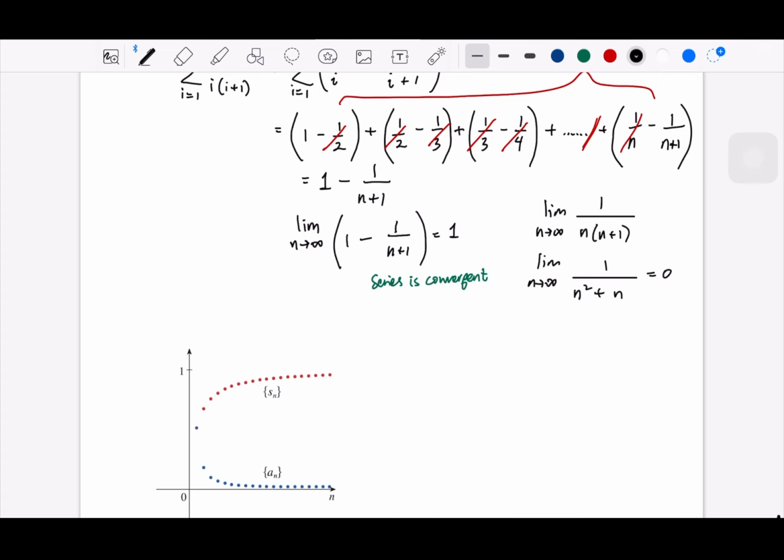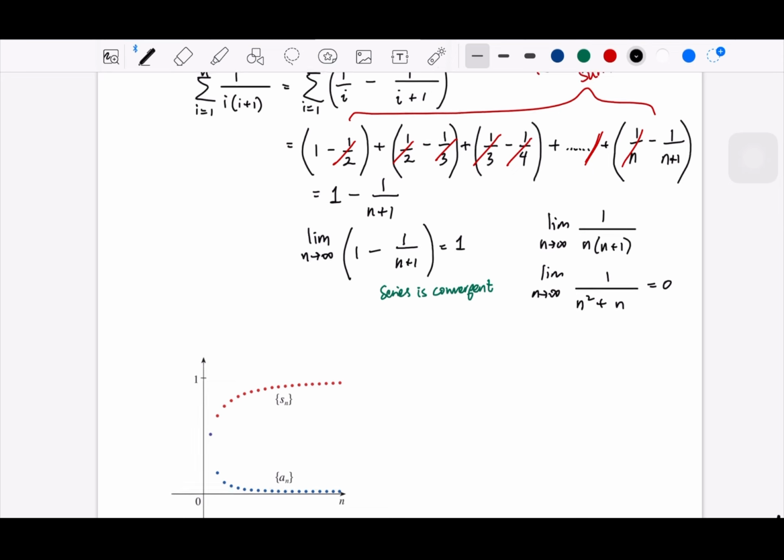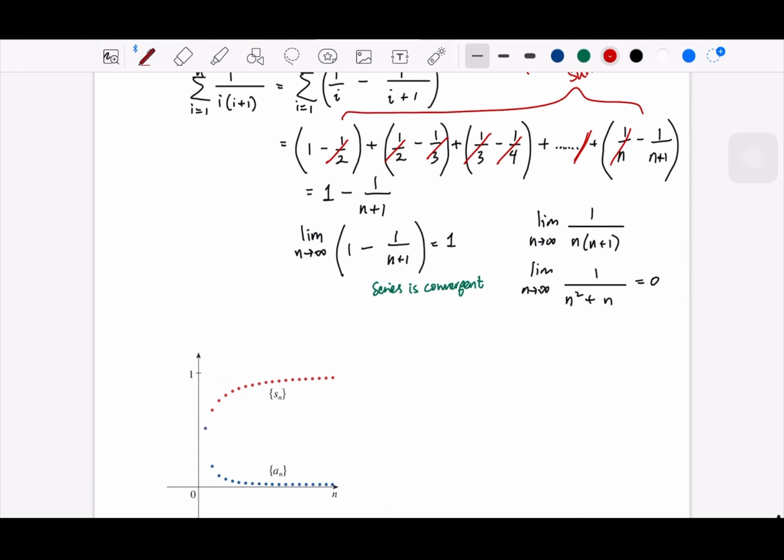Okay, any questions on this? Okay, I think we can move on. So this is the sequence. The limit of the sequence is 0.